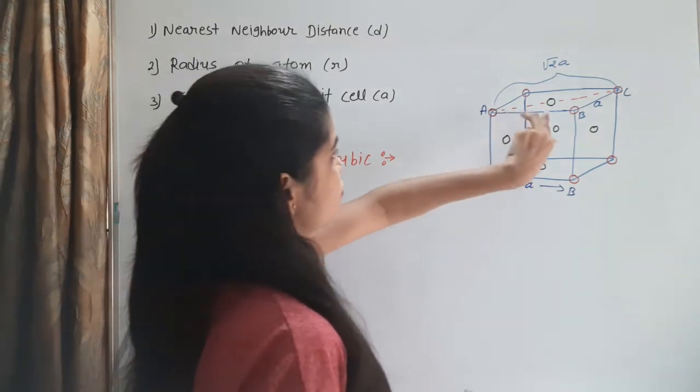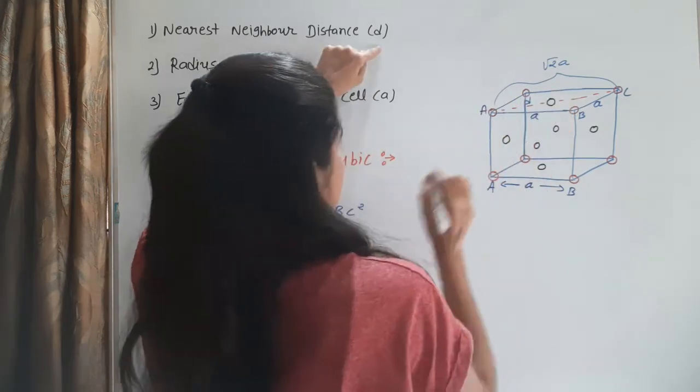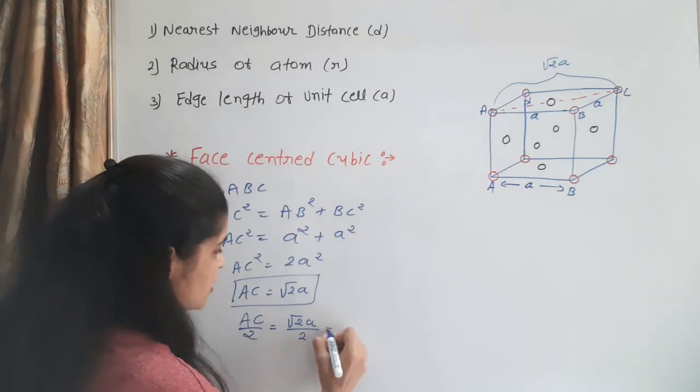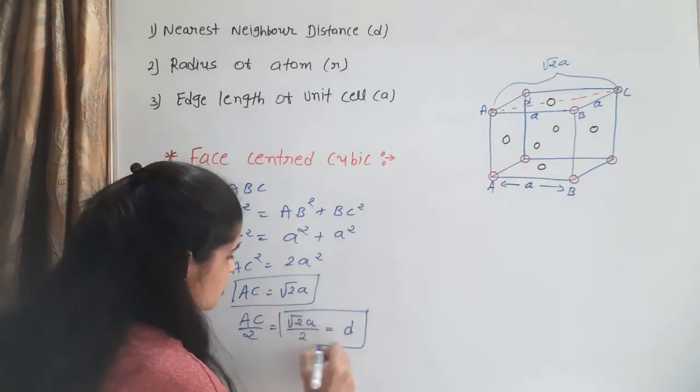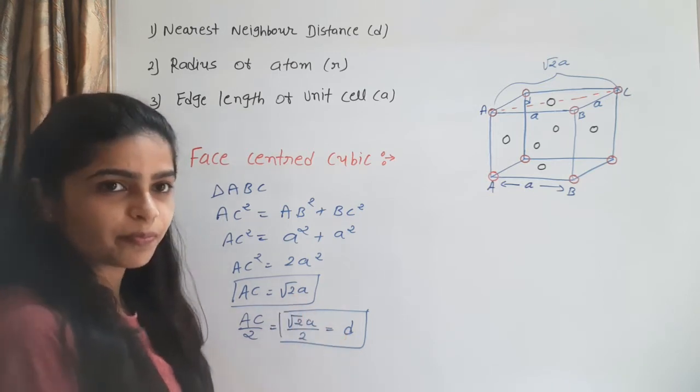This distance is D, because AC by 2 is equal to D. So D is equal to under root 2 A by 2.